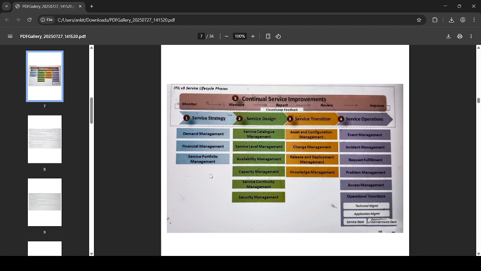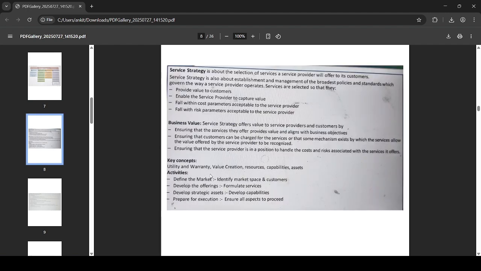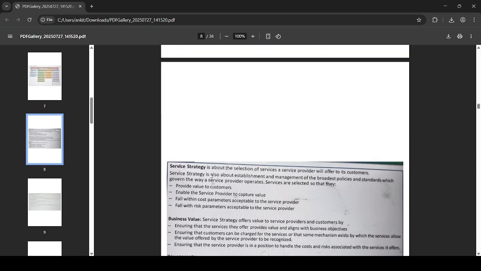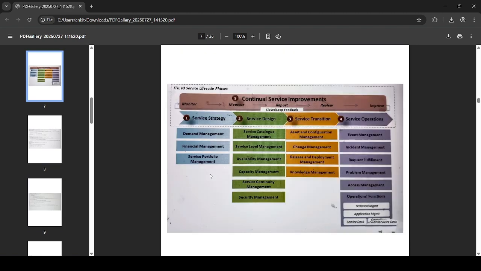Demand management: what is the demand. We have to control our finance and manage the financial side. Next, we went through service portfolio management also: why should a customer buy these services, and why should they buy these services from us. So this comes under service strategy.